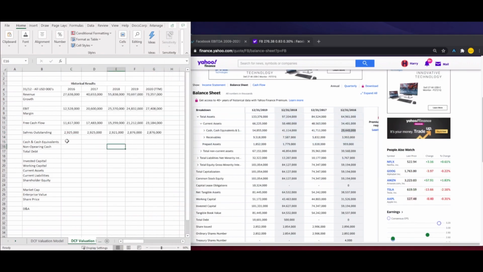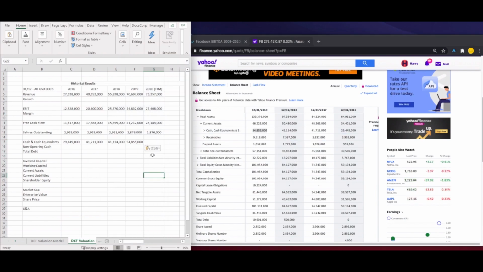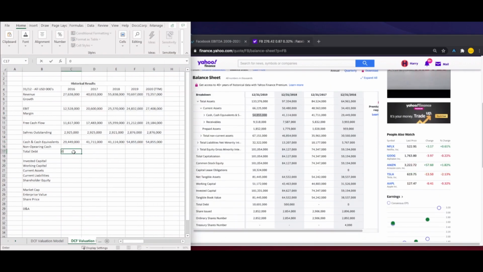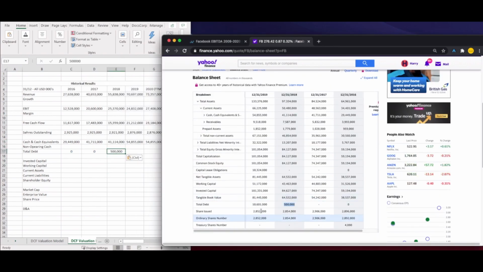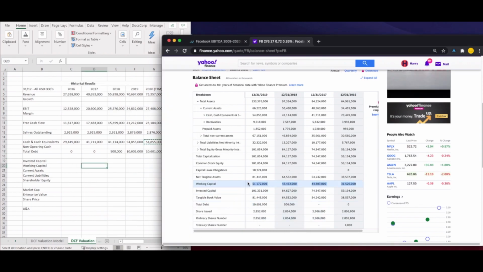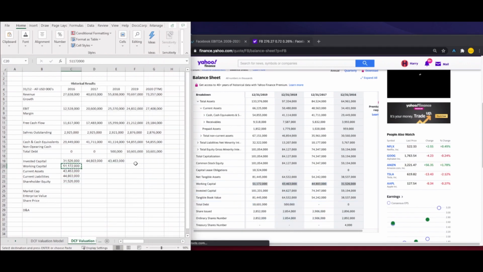I sped this up because it takes a long time to do it, but obviously I wanted to show you the full process. Obviously, Facebook's a company that has really strong financials.